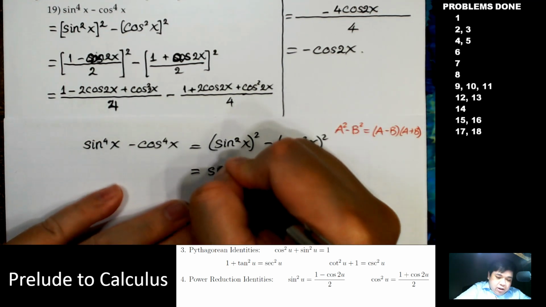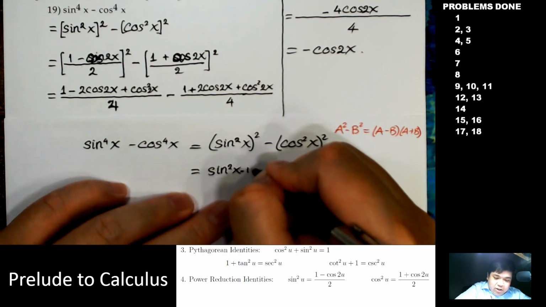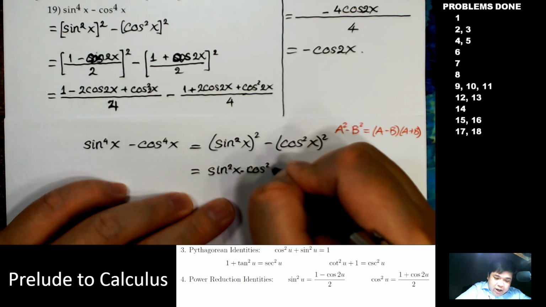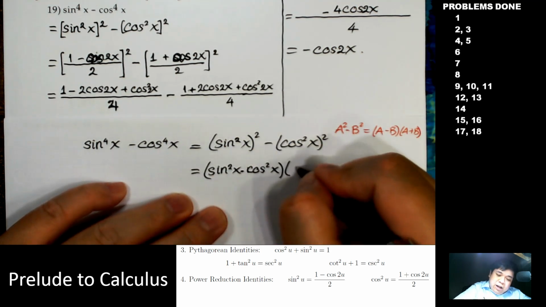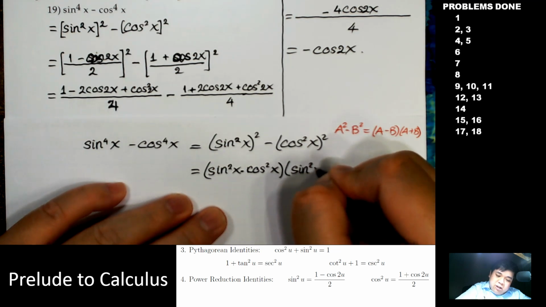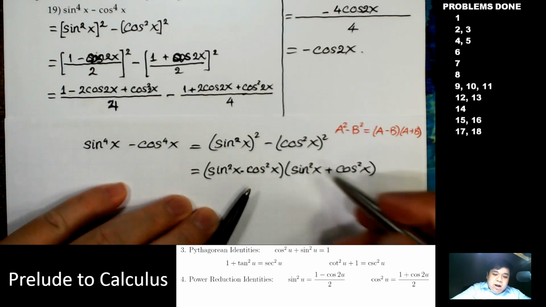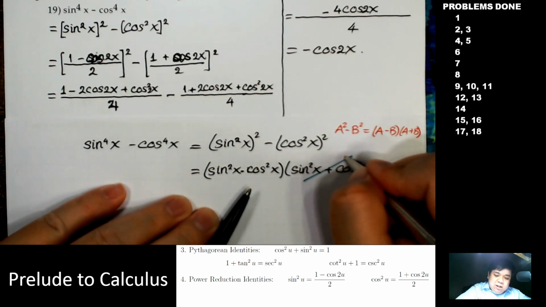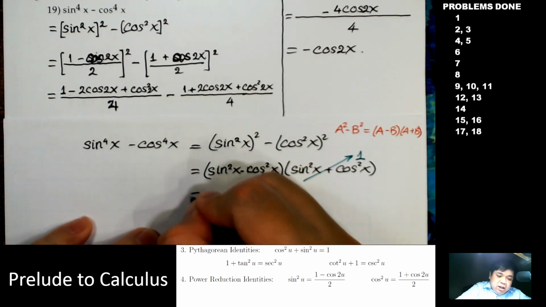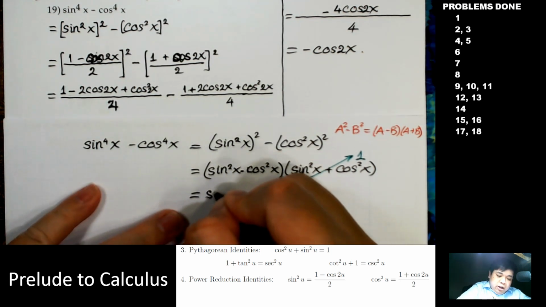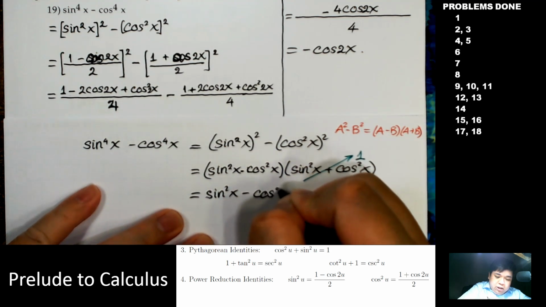So we have sine square x plus cosine square x, and then minus cosine square x, and the first factor is equal to 1, so this is pretty much equal to sine square minus cosine square.